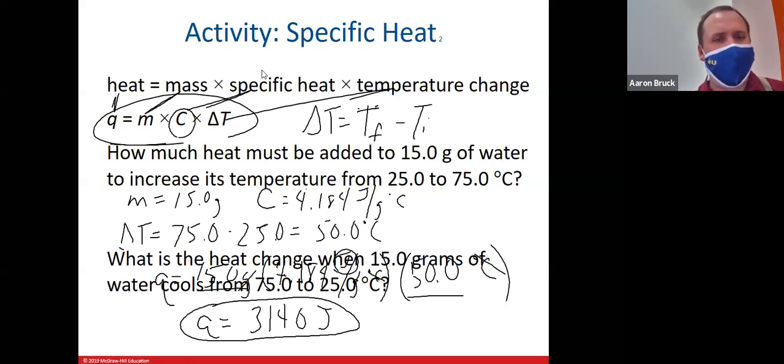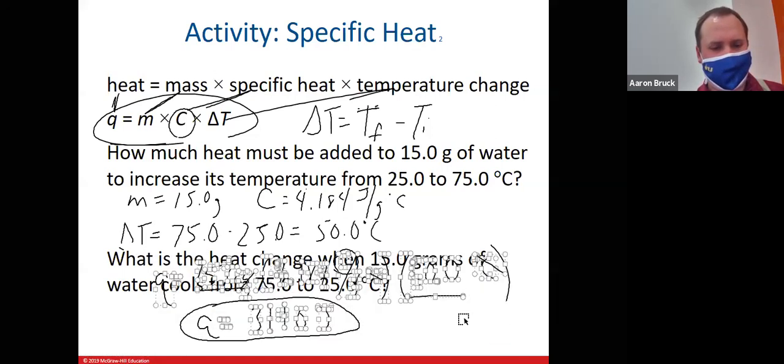Now, this secondary question here asks us essentially the reverse of the process. So let's just take off this part here.